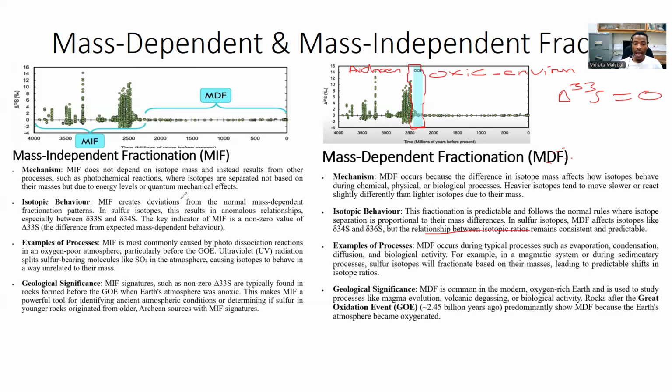if we had UV light, the UV light was dissociating the sulfur compound, like sulfur dioxide. So when this UV light was hitting the sulfur dioxide, the sulfur dioxide dissociated into sulfur and something like that.